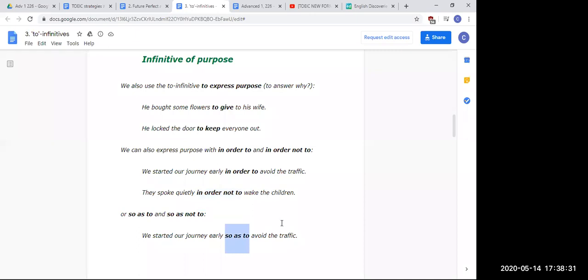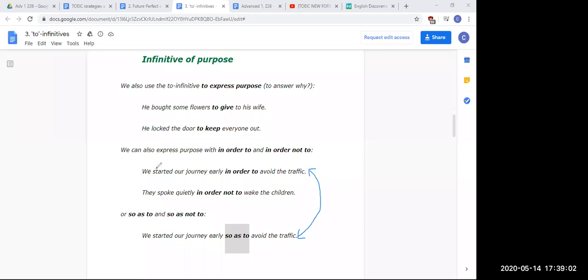So these two things here, these two have the same meaning, but this "so as to" is more formal than "in order to," and "in order to" is more formal than just saying "because."